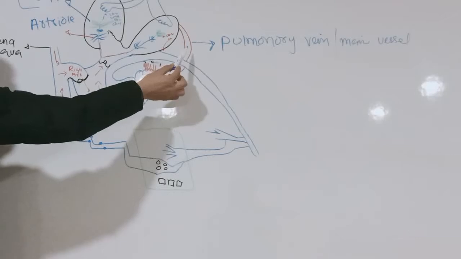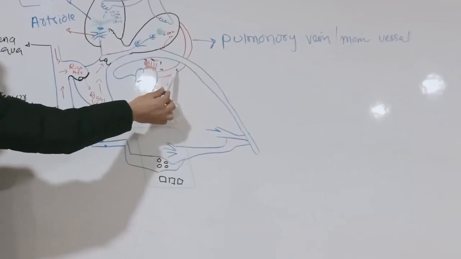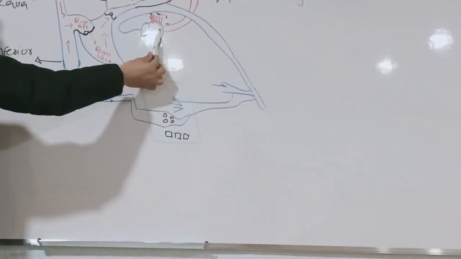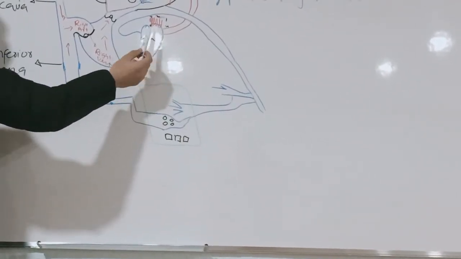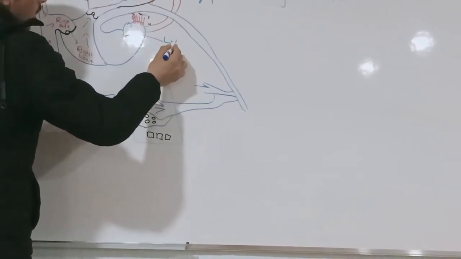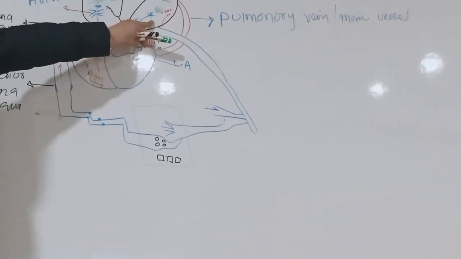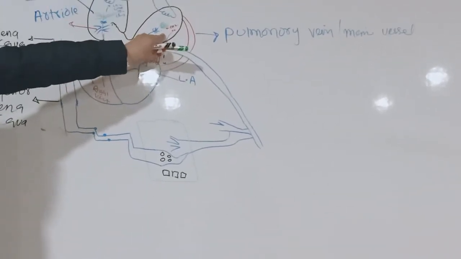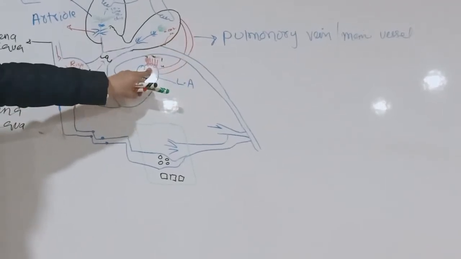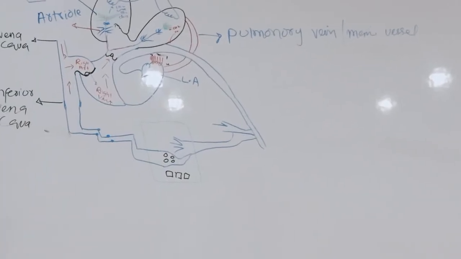Through the pulmonary vein, the oxygenated blood comes into which part? Into the left heart, into the left atrium. This is the left atrium. The oxygenated blood comes from the lungs to the left heart through the pulmonary vein.